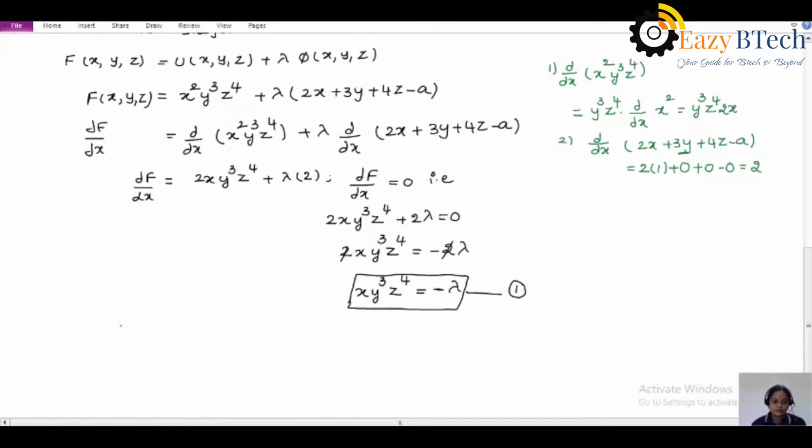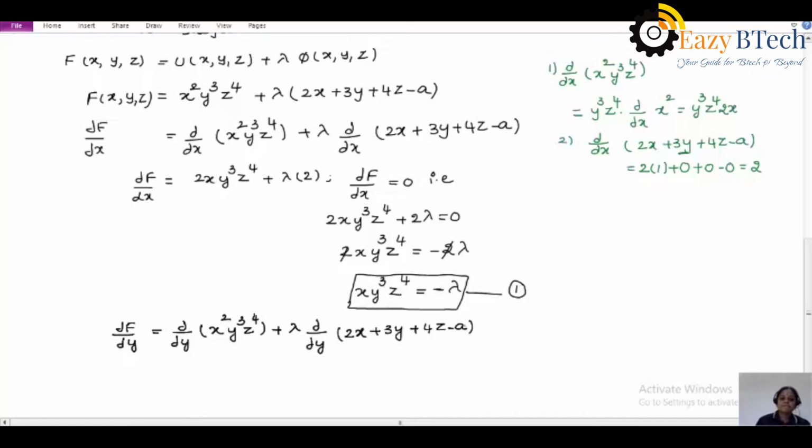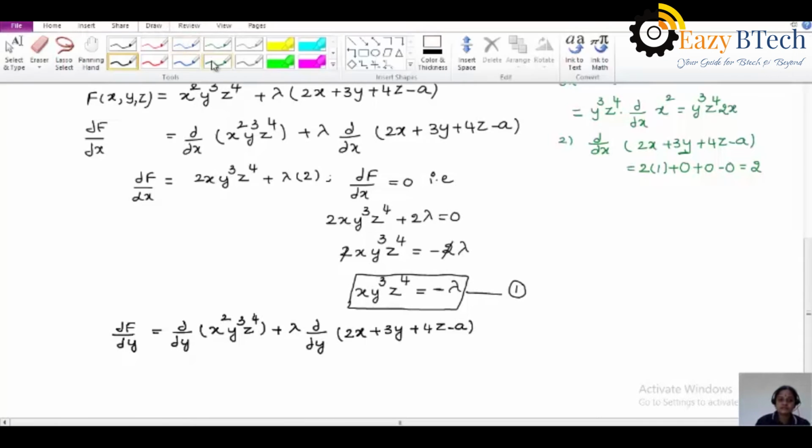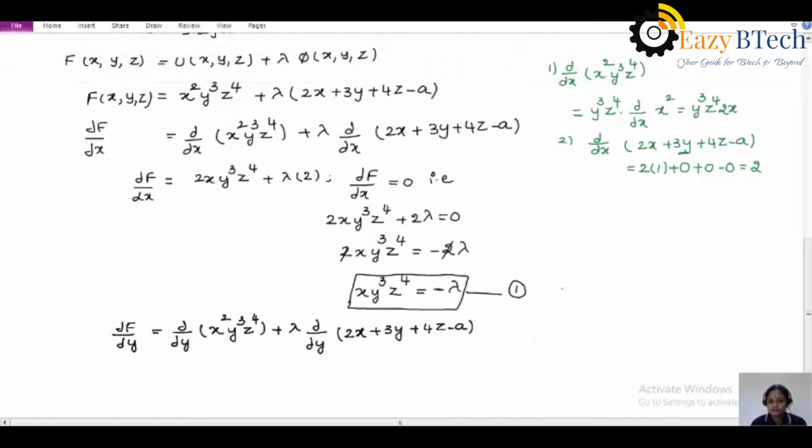Similarly, if you are doing partial differentiating of f with respect to y, I am doing here, observe, ∂f/∂y. ∂/∂y of x square y cubed z power 4 plus λ into ∂/∂y of (2x + 3y + 4z − a). Now I am doing the partial differentiating of this function. The first function is ∂/∂y of x square y cubed z power 4.